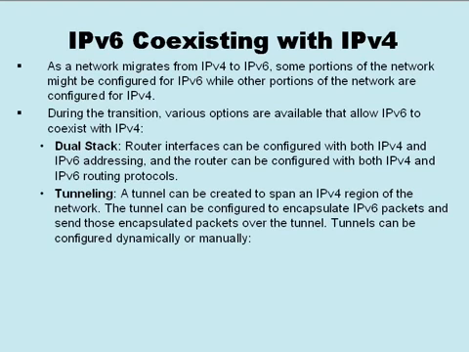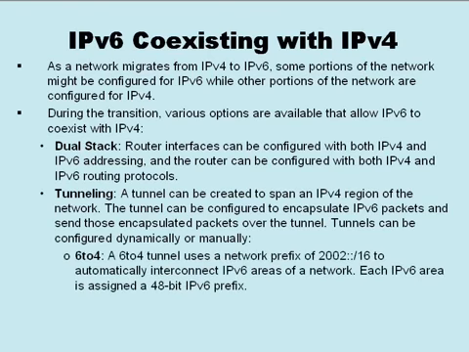When we talk about creating a tunnel, the tunnel could be created dynamically or manually. The dynamic approach is called a 6-to-4 tunnel, and that tunnel is going to be using a network prefix of 2002::/16. This 6-to-4 approach can be used to automatically interconnect IPv6 areas of the network, and each IPv6 area is assigned a 48-bit IPv6 prefix.